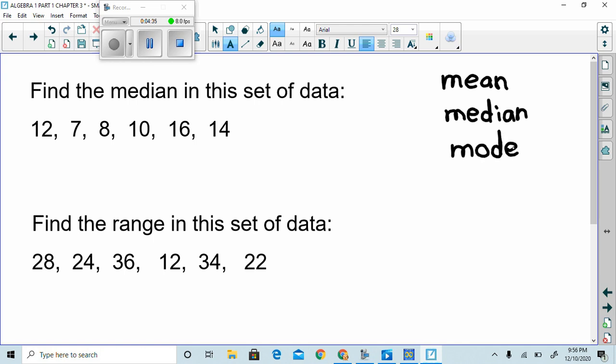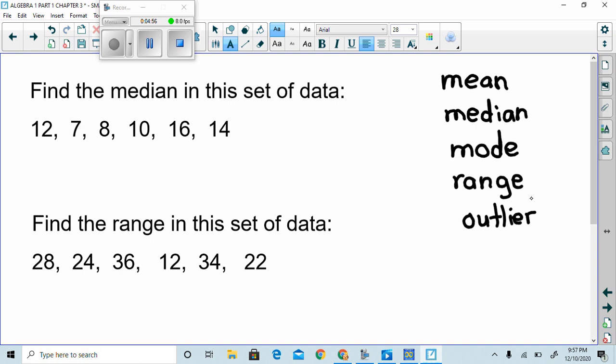There could be one, more than one, or none. We talked about range, where you subtract the lowest number from the highest. And we use this word outlier as a data number that's much higher or lower than all the rest. Let's put that to practice.